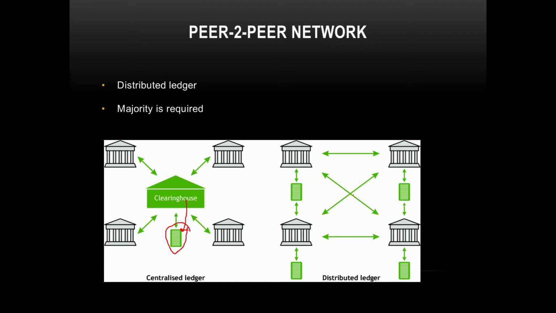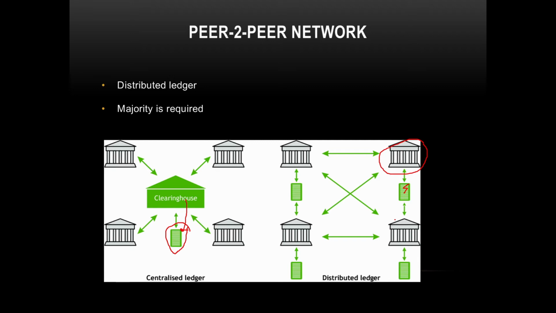But in the distributed ledger, if this node wants to change anything in the ledger, it will only get changed in its own copy of the ledger and not everybody's. So everybody will first verify whether the transaction is correct or not, and only then will it get updated in each of the ledgers.